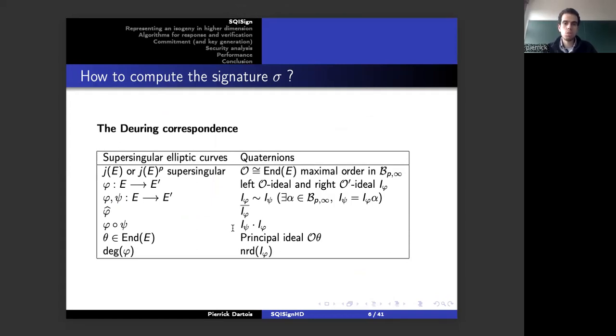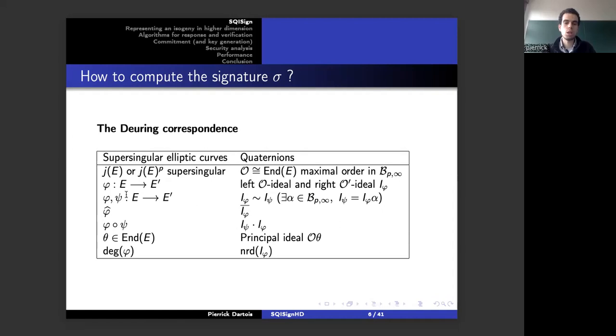We associate to any j-invariant up to Galois conjugacy a maximal order in the quaternion algebra ramified at p and infinity, which is just the endomorphism ring, and given an isogeny between two elliptic curves, we associate an ideal, the kernel ideal, which is a left ideal for the endomorphism ring of the domain and a right ideal for the endomorphism ring of the codomain.